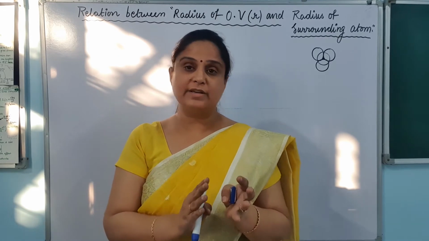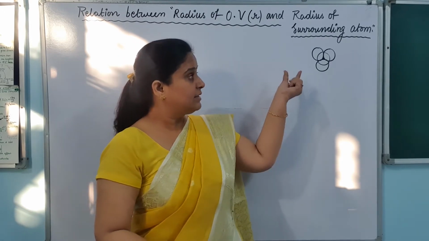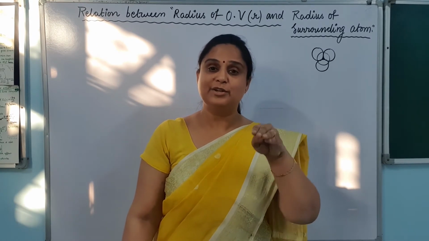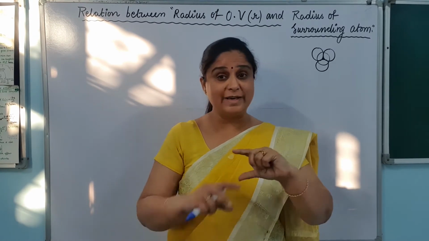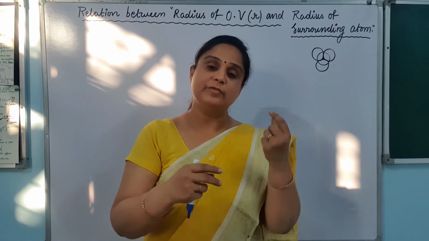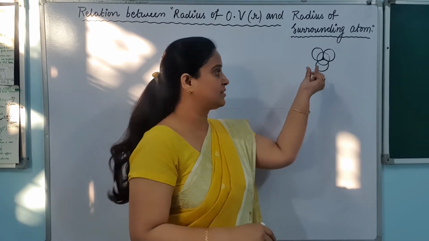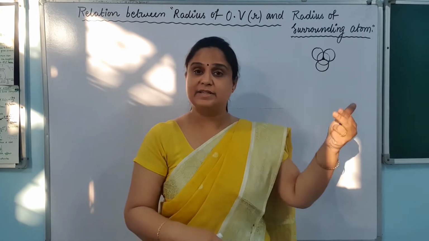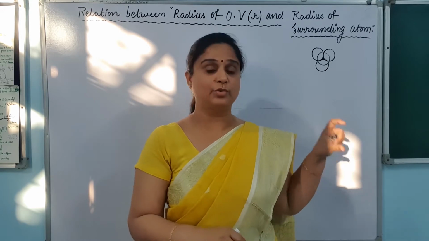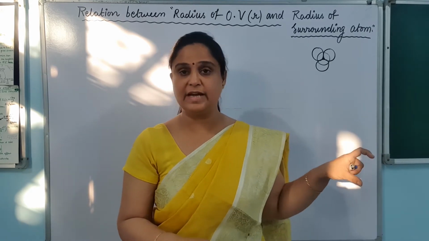Now we have to find out whether these small atoms, cations, will be fitted into the grooves or voids created by the surrounding atoms, or they will not be fitted. So we want to know the size of this groove so that we can predict whether that cation can be fitted into this groove or void or not.